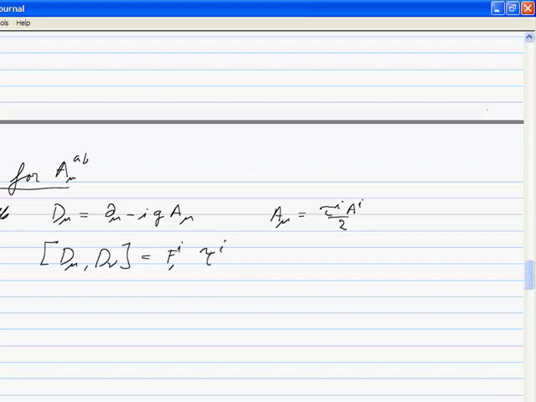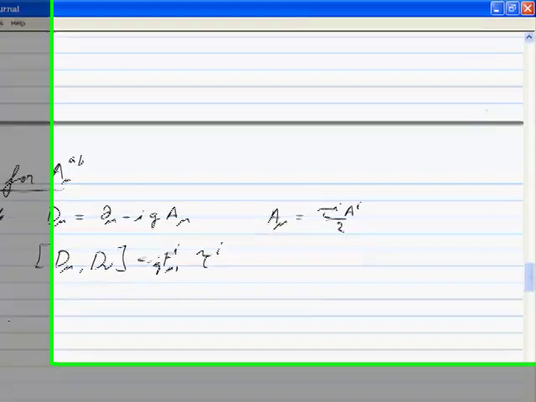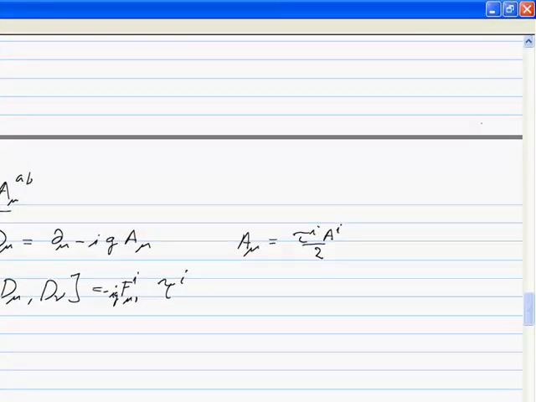That's F^i_mu nu with a minus i g. This ends up telling us that F_mu nu is d_mu A_nu minus d_nu A_mu plus g epsilon_ijk A^j A^k.